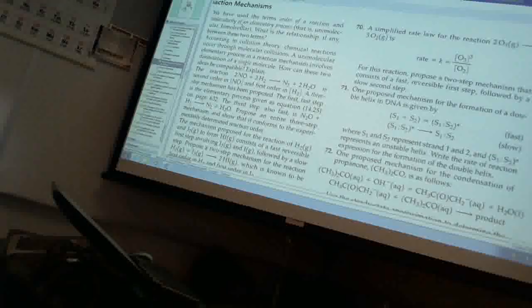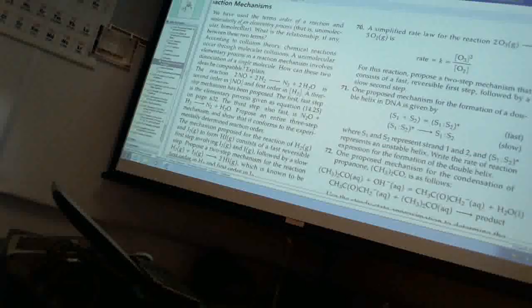But we don't know here, for example, methane plus 2O2 gas yields CO2 plus 2 waters. If I double the methane, am I going to double the number of collisions? We don't know because we don't know what the collision is, because there are so many collisions hidden here.